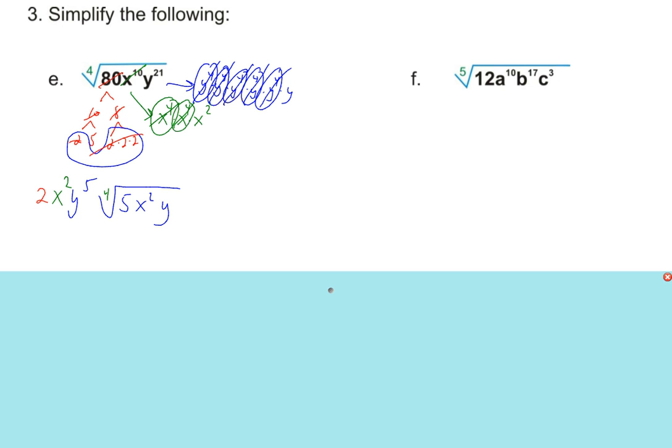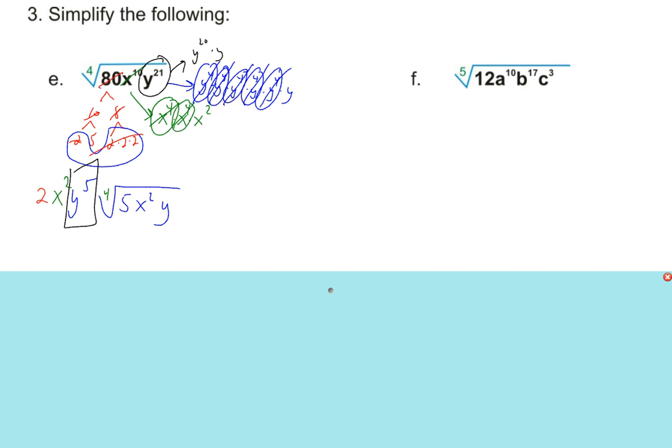Now, let me show you one thing with the y's. If you really got a good handle on math, I could have made the y to the 21st instead y to the 20th times y. Does 4 divide into 20? What's 20 divided by 4? Y to the 5th.